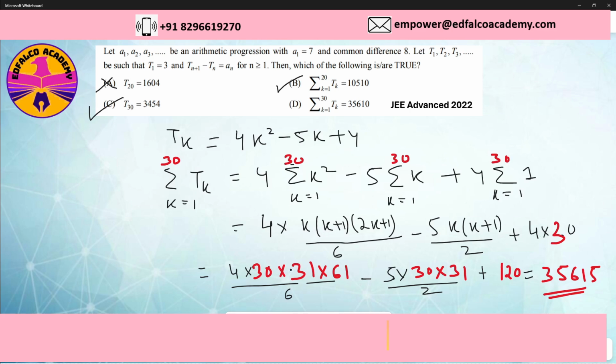We will just put the value of 30 wherever k is there, and you will see that you finally get 35,615, which means the value is not the same as whatever is given here. So option D is wrong.